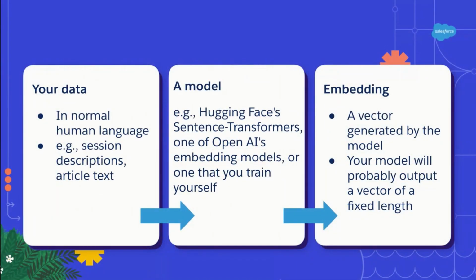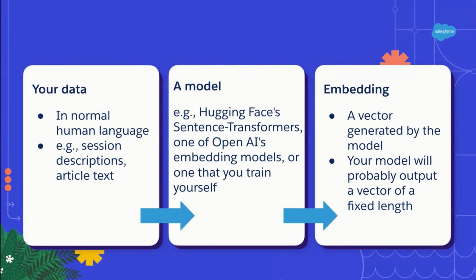So to think about how data goes from being just normal data to a vector, this is kind of the flow chart. Let's say you've got your data in normal human language, like session descriptions or article texts. You're going to pass that data through a model like Hugging Face's sentence transformers, or one of OpenAI's embedding models, or even one that you train yourself.